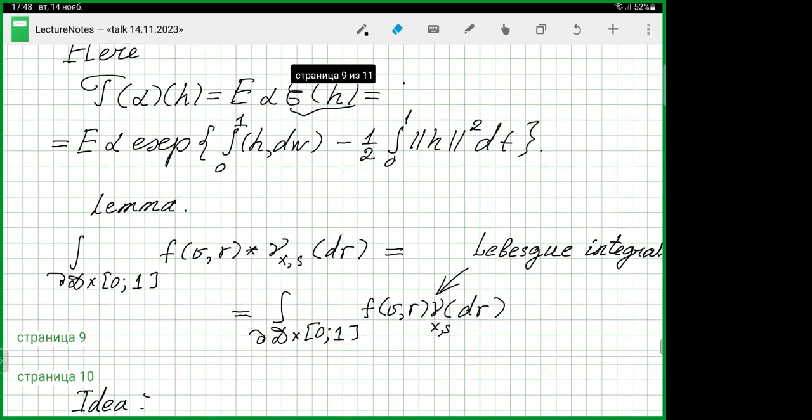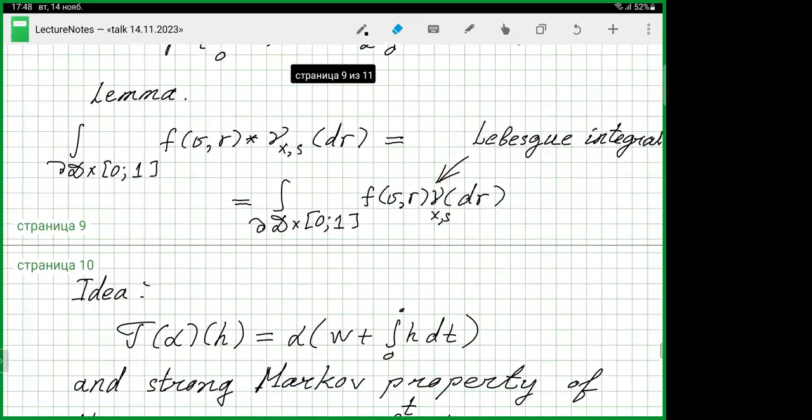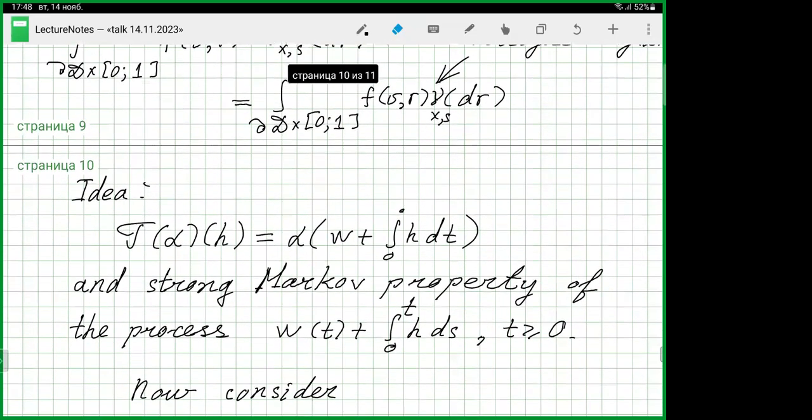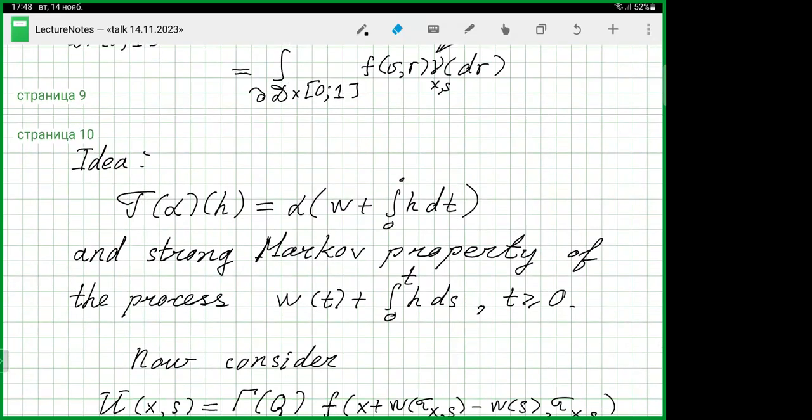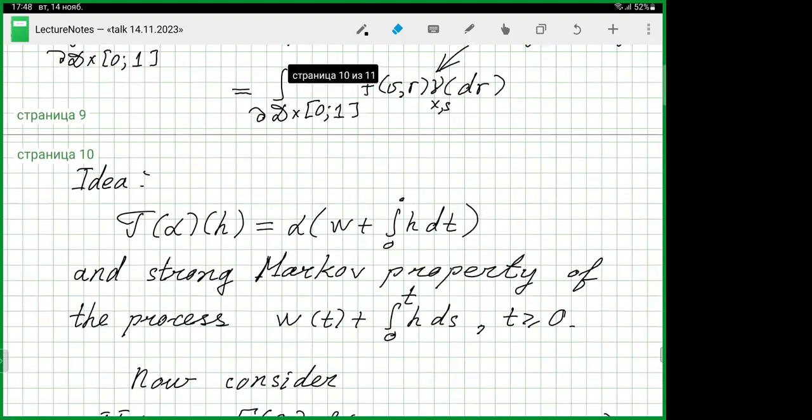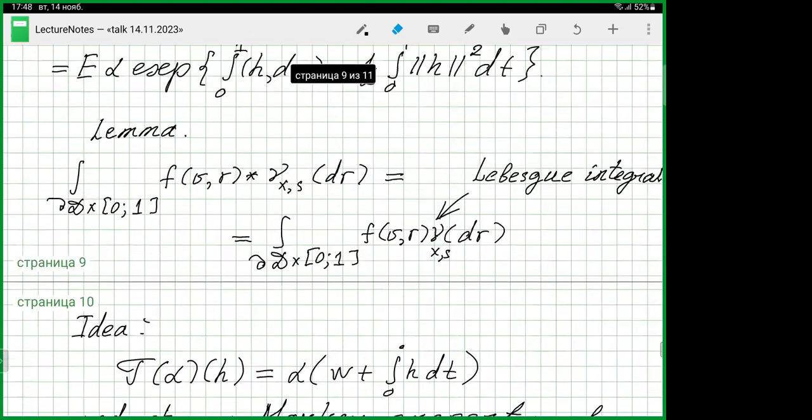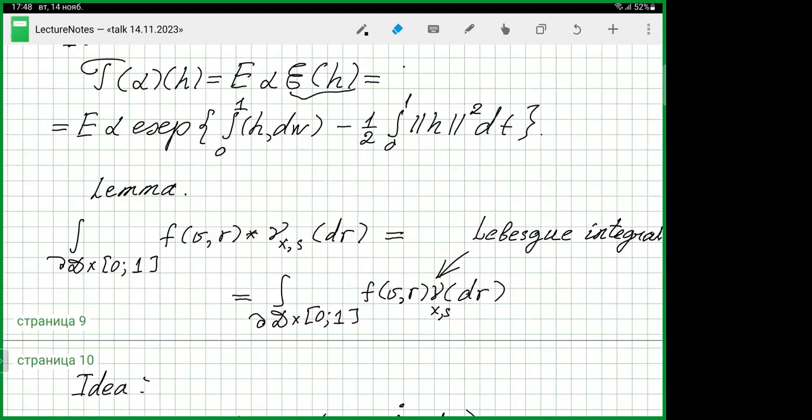And the rigorous explanation is the following. Let us recall what the Fourier-Wiener transform is from another point of view. When we consider the Fourier-Wiener transform, we just have the expectation of the product of alpha with this exponent. This is a stochastic exponent, of course, but this is a density of the shifted Wiener measure.